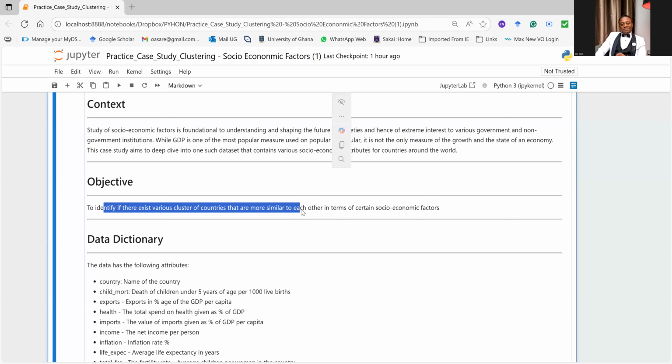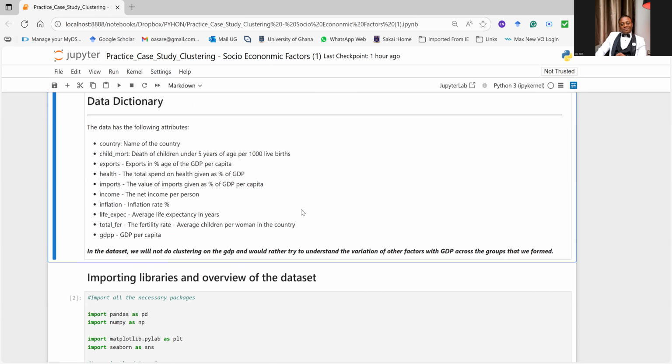So maybe there are some factors that eventually led to some countries being called less developed countries. What led to some countries being called developing countries? That was a cluster name. What led to some countries being called developed countries? What factors define them as developed? That's what we want to look at here.